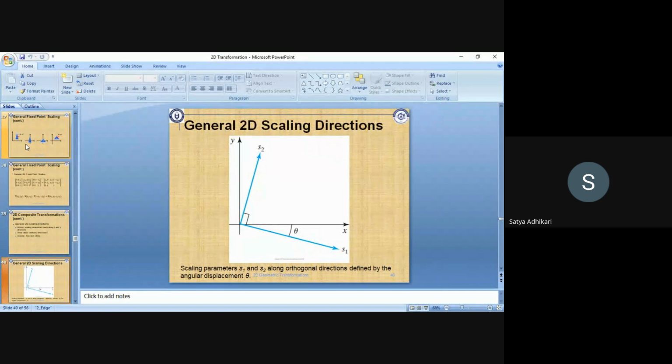Scaling parameters S1 and S2 along orthogonal directions defined by the angular displacement theta. So we have to make another angle theta, then we can coincide this with the origin.